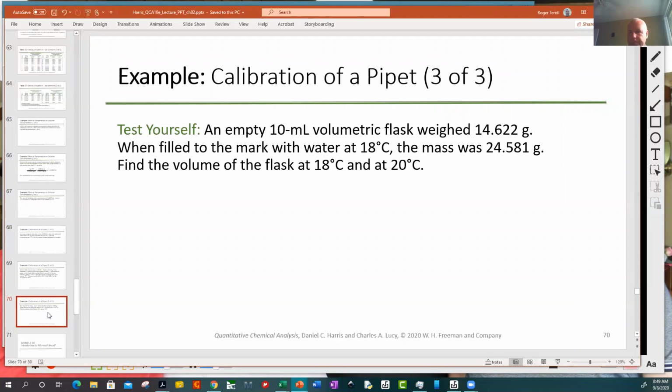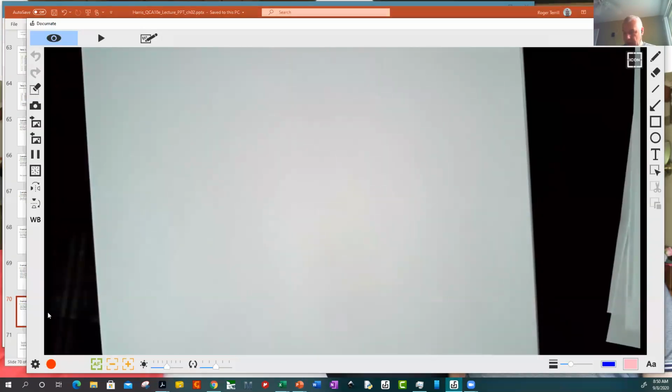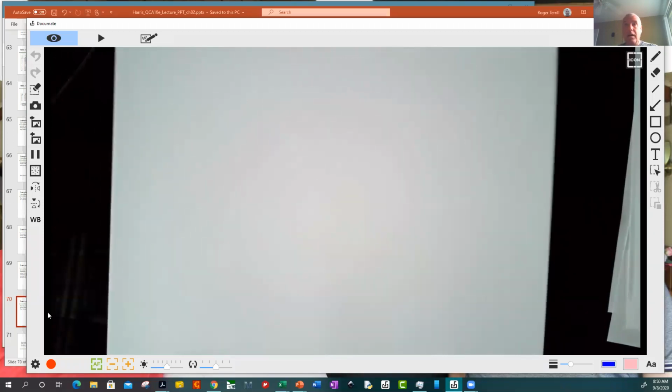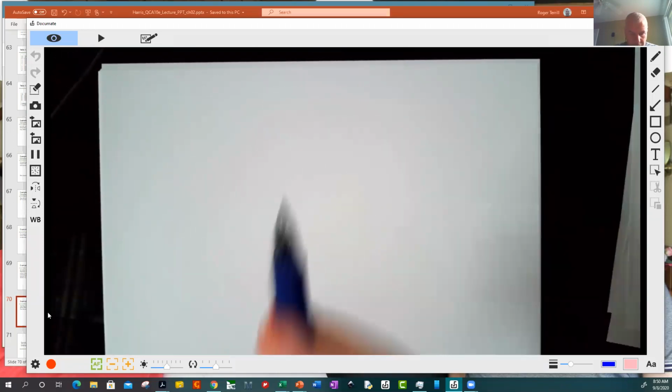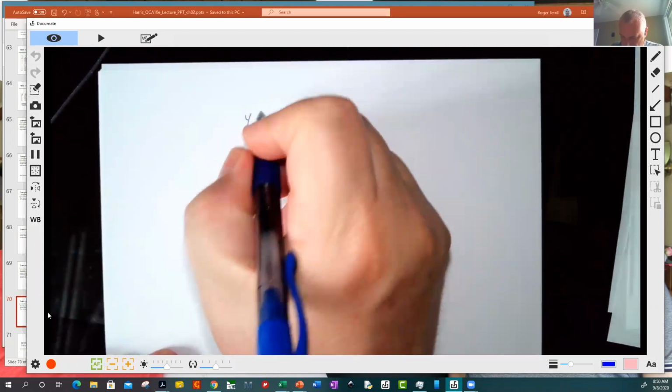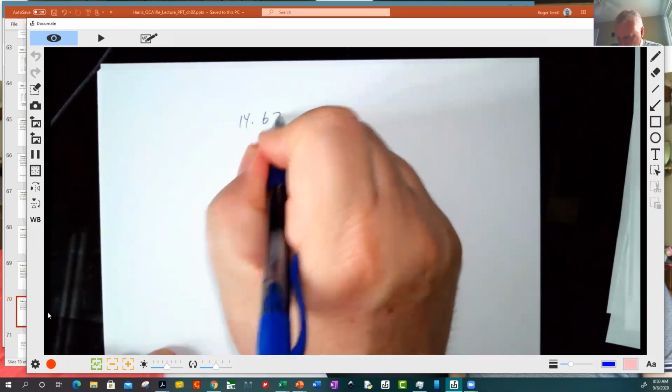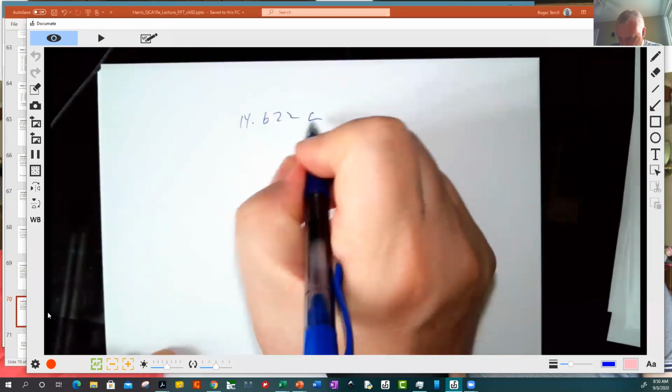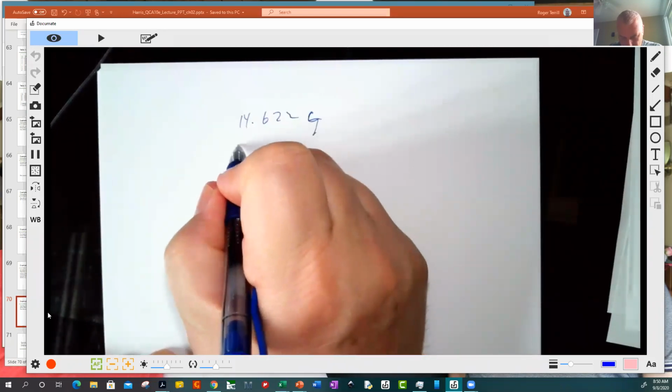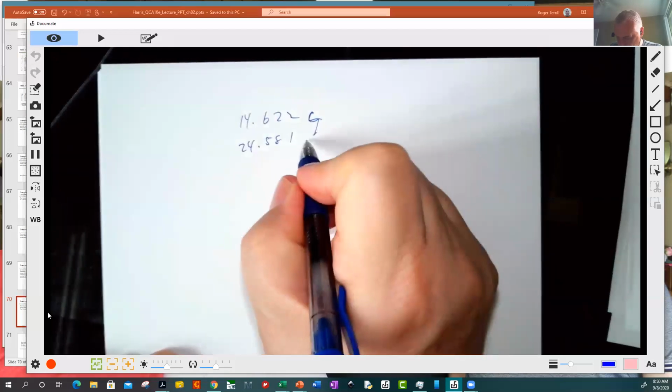So let's see. Let's test ourselves here. We've got an empty 10 ml volumetric flask and we fill it to the mark at 18 degrees C. Find the volume at 18 and 20 degrees C. So let's say here we've got 14.622 grams, and then 24.581 grams.